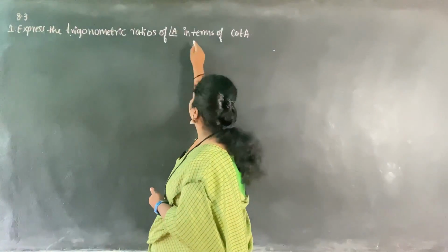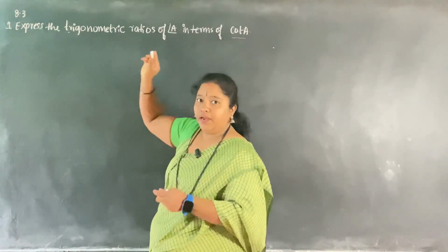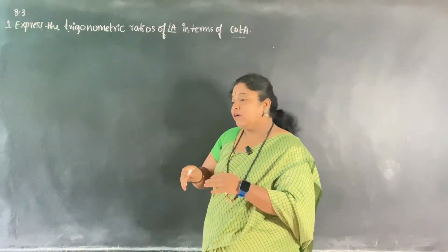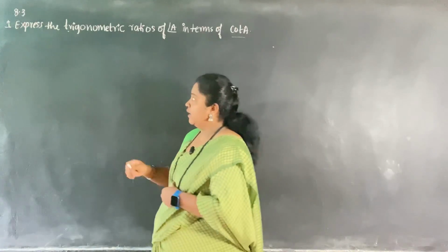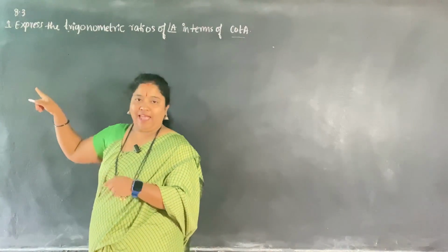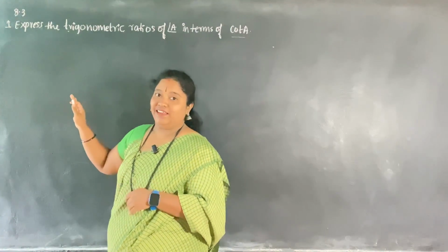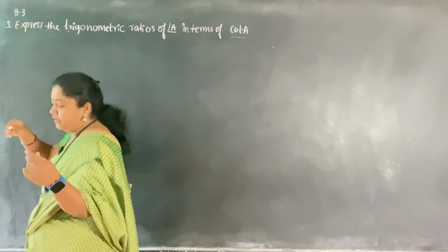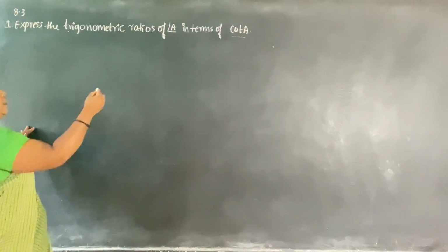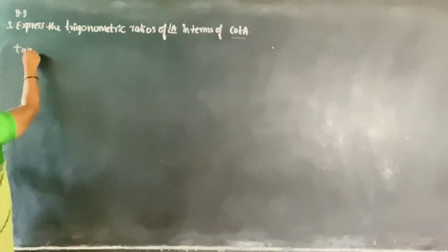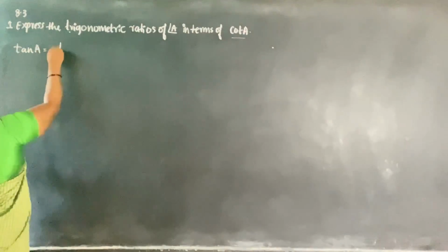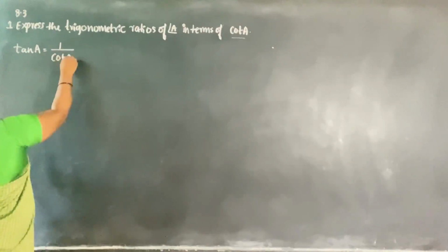See, in terms of cot A, we have cot A related to two direct sources. What are they? Dears, cot and tan are directly related. So how can I write tan A? You know that tan A can be directly written as 1 by cot A. Fine.